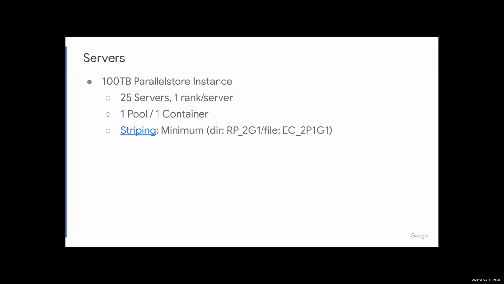When the user requests an instance, they can specify a few canned striping choices for the container to set basically the default directory class and object class.